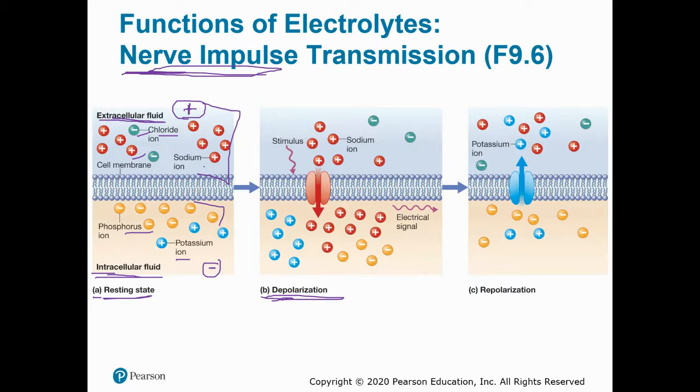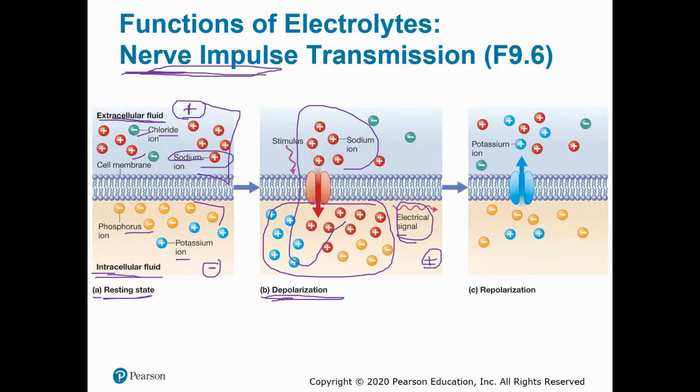So what we're going to see is movement of these cations, specifically sodium, coming into the cell. And now we see that inside the cell is a much more positive environment. So that's how we generate this electrical stimulus, just by the movement of these electrically charged particles.